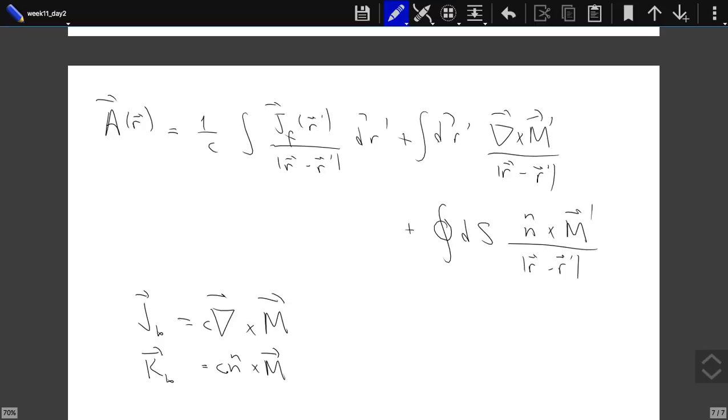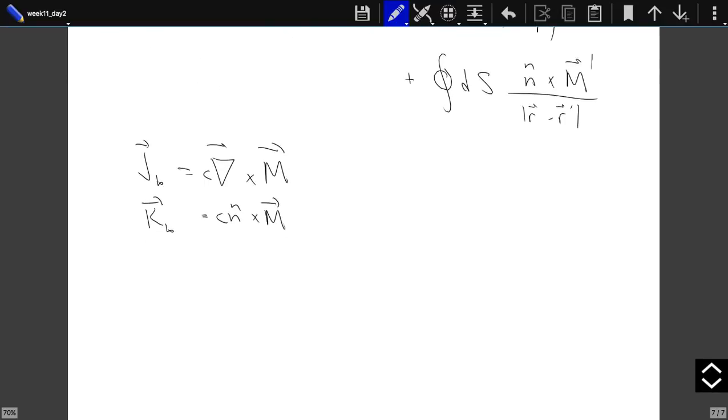So the effects of the medium we can describe in terms of this bound volume current density and the bound surface current density. So in fact, we can just write down the modifications of our equations. The divergence of B, well, it doesn't depend on the current anyway, it's always 0.